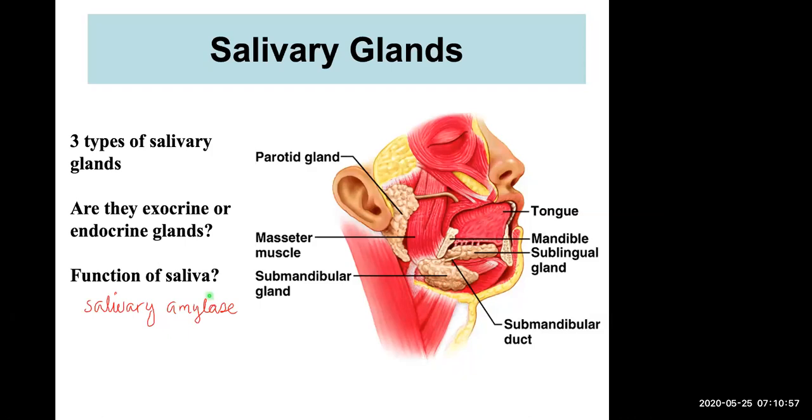Amylase is going to come in and start the process of breaking down those starch compounds. So if you chew a piece of bread and keep it in your mouth long enough, you're going to start tasting sweetness, because amylase, if it's given enough time, will break down that starch into simple sugars.